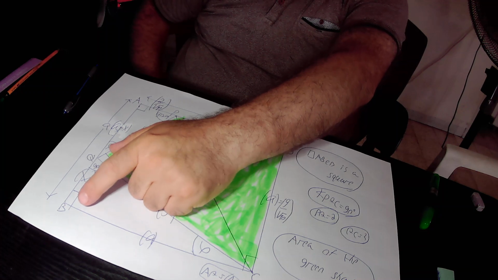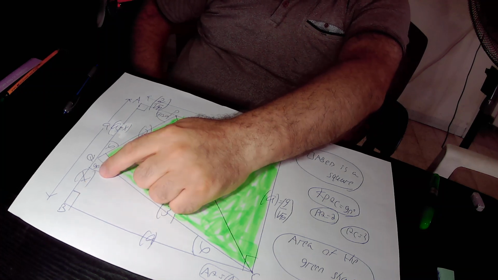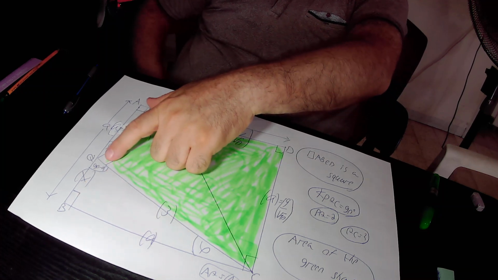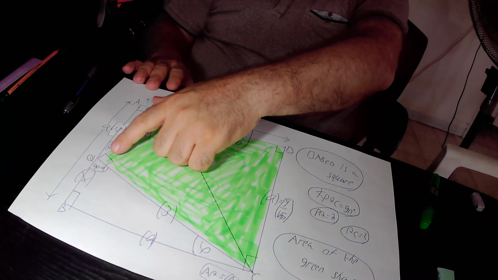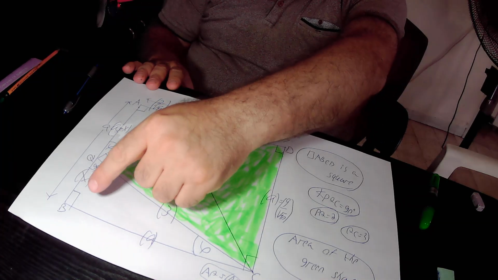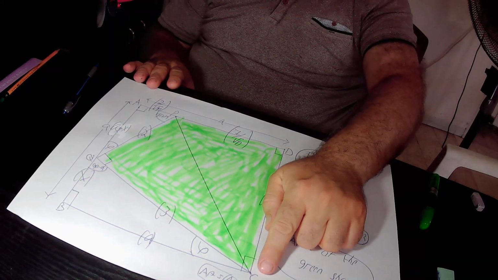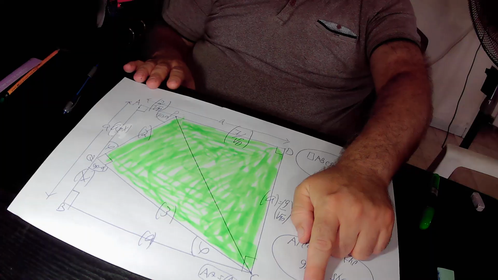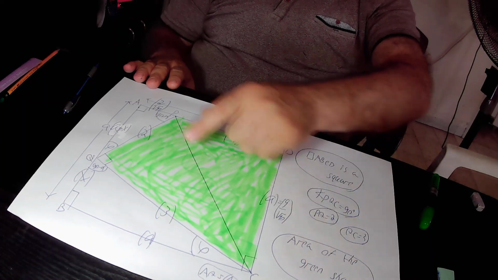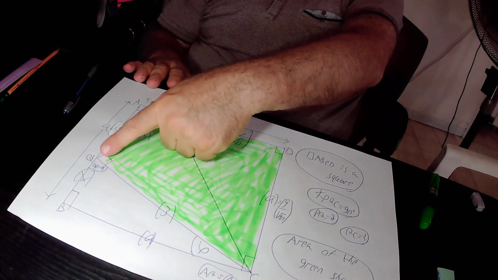In addition, we define this line segment QB as x. What is the length of AQ? AQ equals AB minus QB. So AQ equals AB, that is a, minus QB, that is x. So in total, AQ equals a minus x.